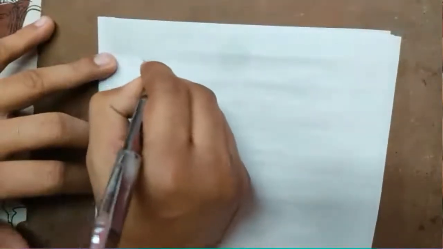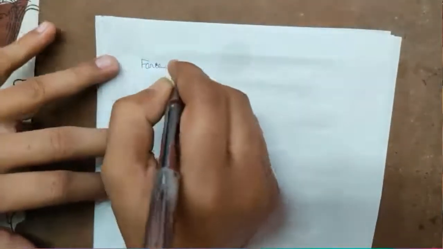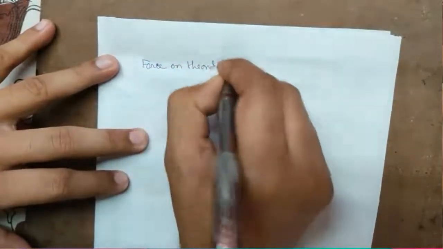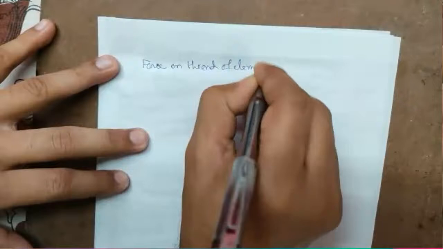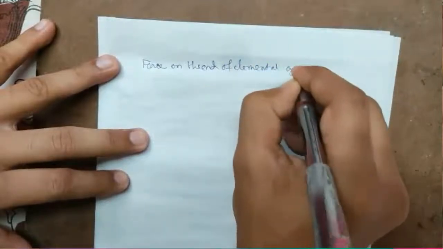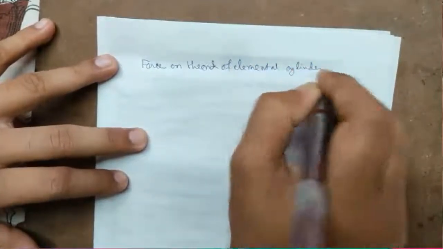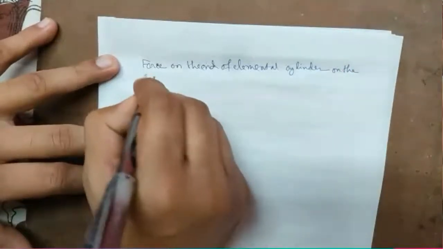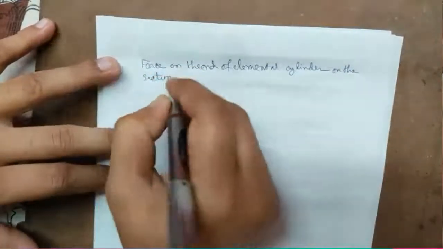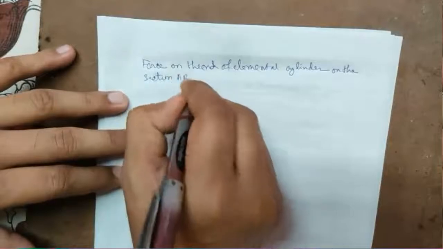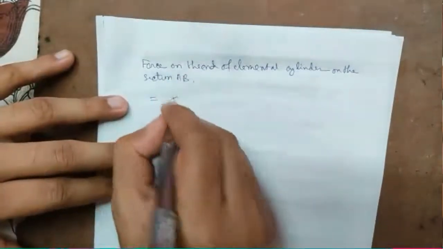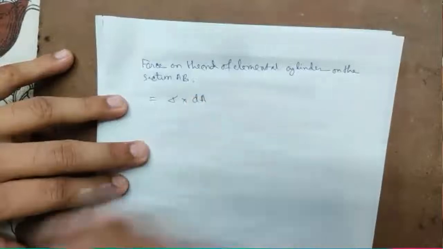So we can write the force on the end of the elemental cylinder on the section AB as stress into area.